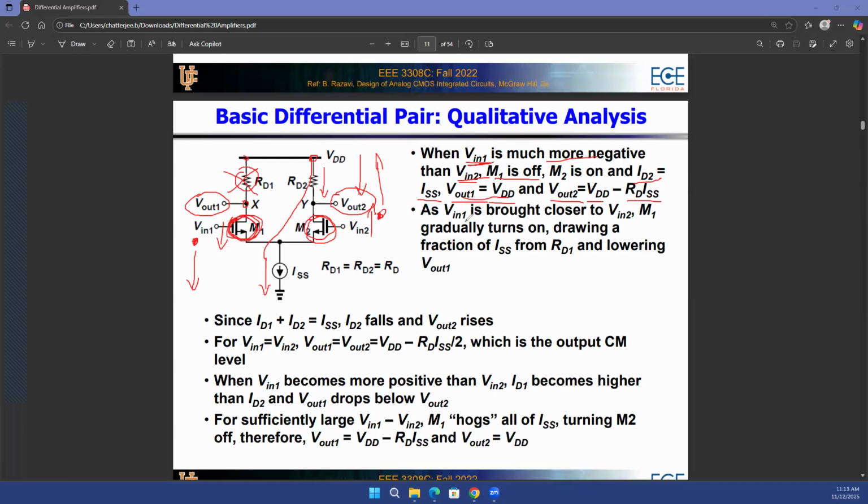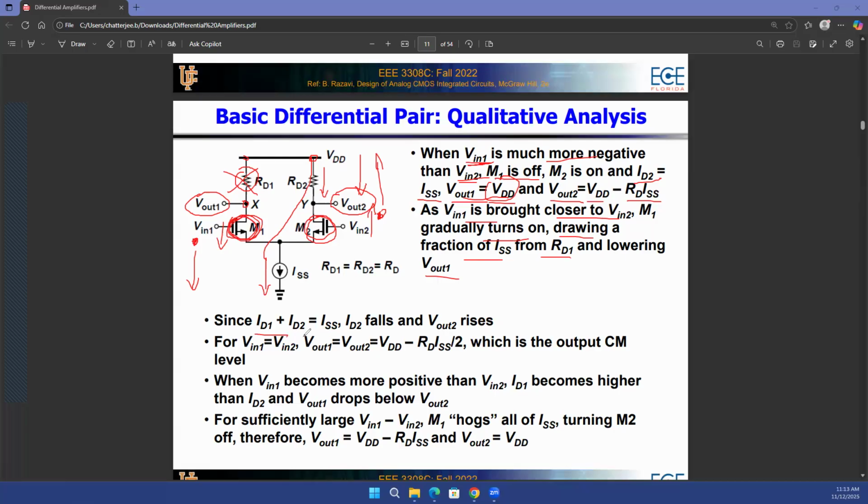Now, as your Vin1 is brought closer to Vin2, let's say I'm trying to make both of them equal, then M1 gradually turns on and it will start drawing a fraction of that ISS current that will flow through RD1 as well, and it will start lowering Vout1. Initially, Vout1 was at VDD, but now it will start becoming lower as this M1 transistor is turning on.